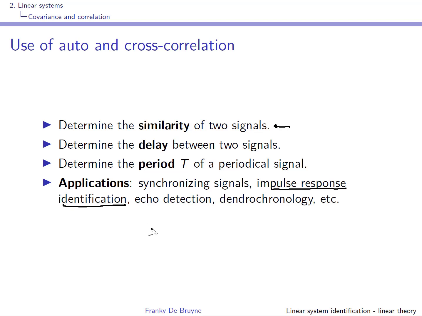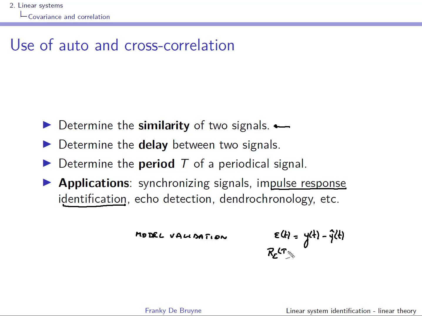Very important in this course also, we'll use autocorrelation and cross-correlation for model validation, right? And we'll compute, if you remember, epsilon of t, the difference between the measured output and the predicted output. What we'll do is compute the autocorrelation function of epsilon of t, right?